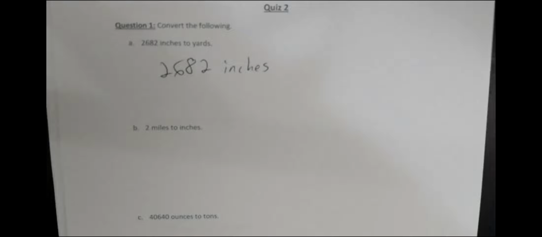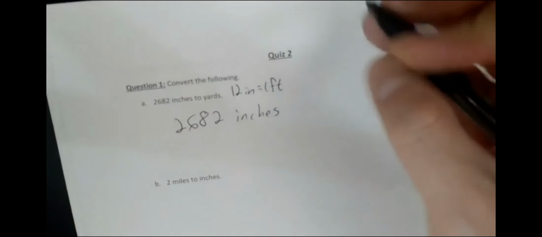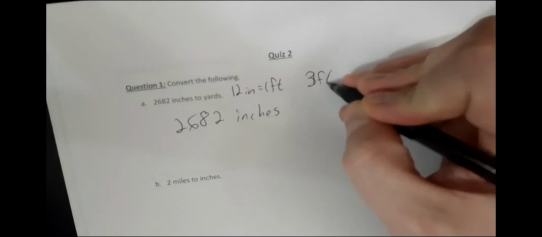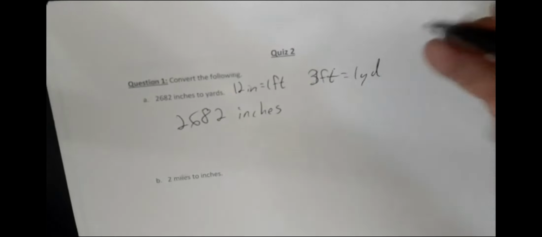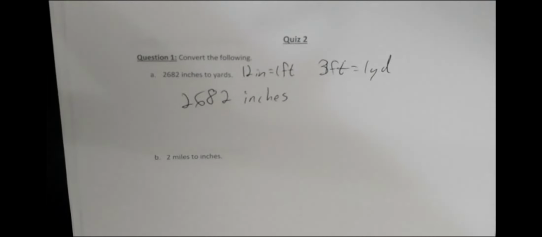But they don't tell me anything about inches to yards. So how do I do this? So those are the things on the table that you might need to use. So how do I set this thing up?